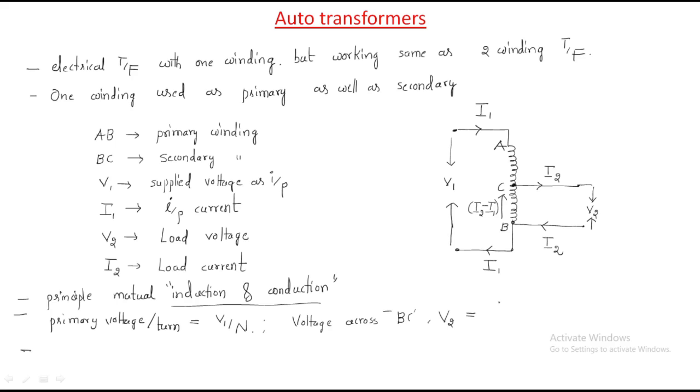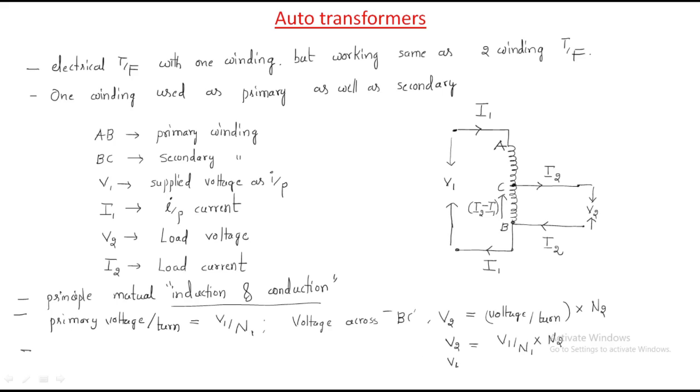V2 can be written like this: voltage per turn into the number of turns, N2. I want the voltage across this, so I am writing voltage per turn into the number of turns of the secondary winding, N2. So V2 equals the voltage per turn for the primary winding, V1 by N1, into N2.